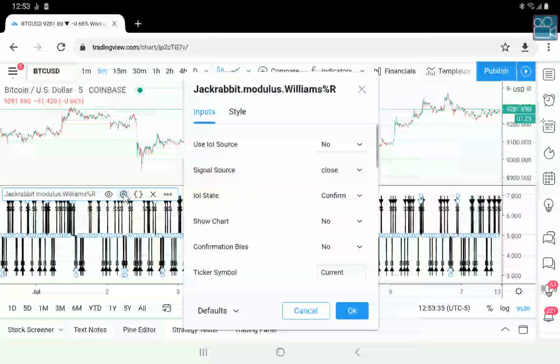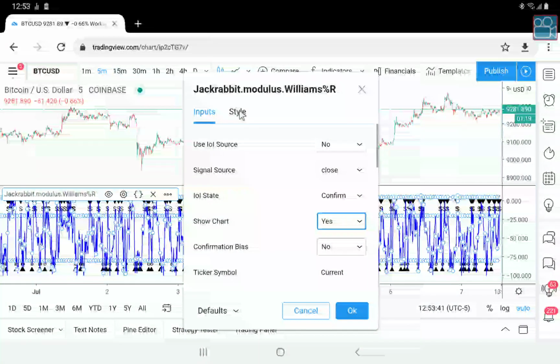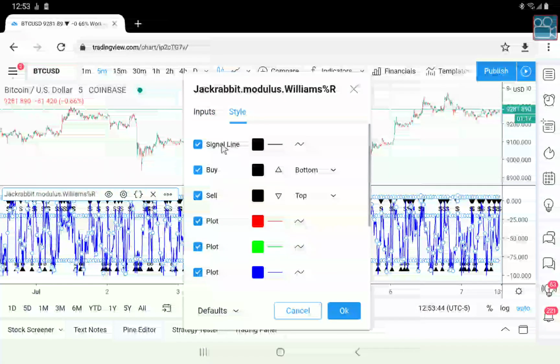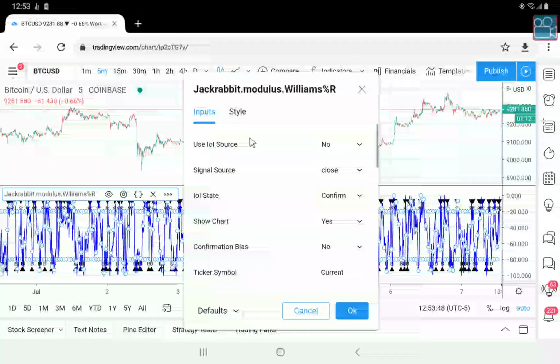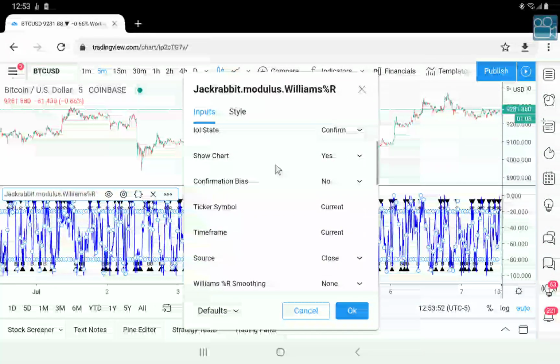It is an oscillator, and it is prone to false signals simply because it is an oscillator. Now I'm using strictly the default settings. Nothing special here.